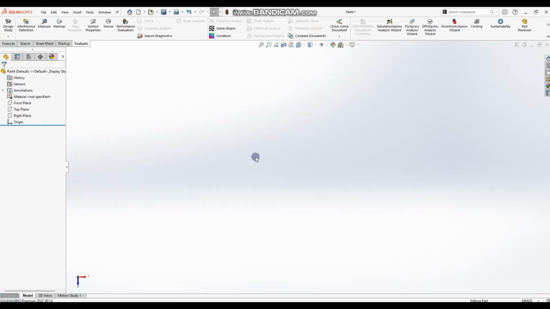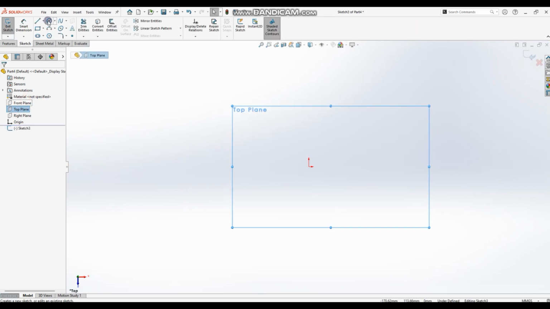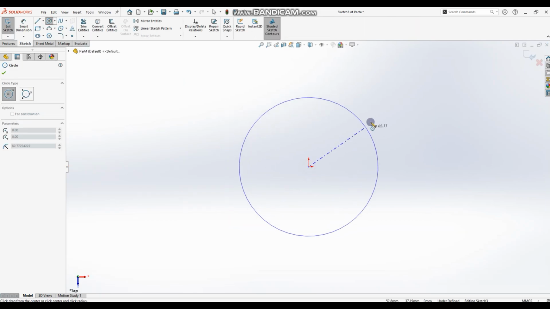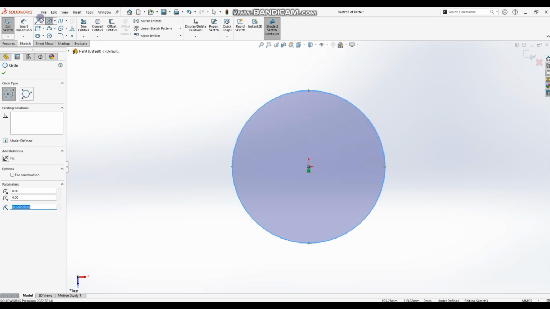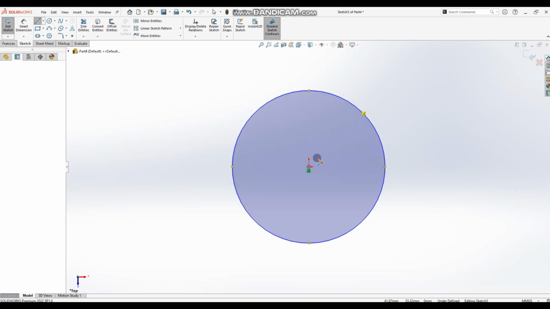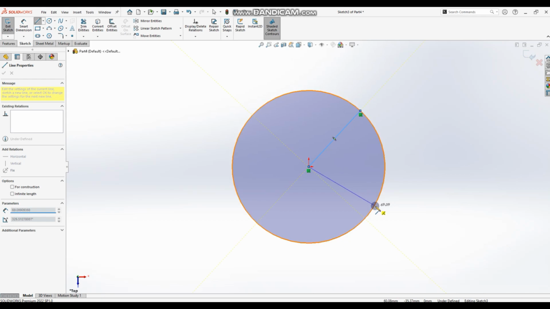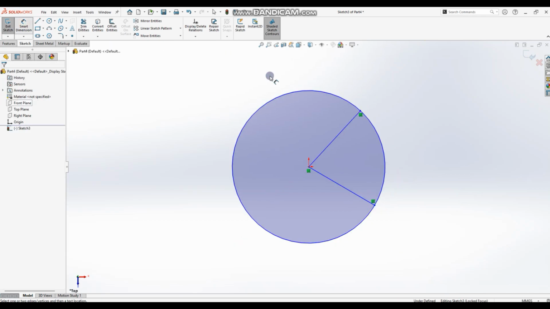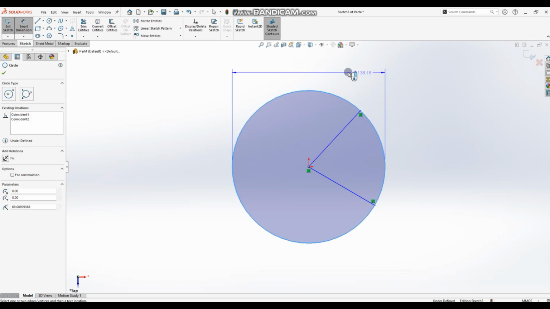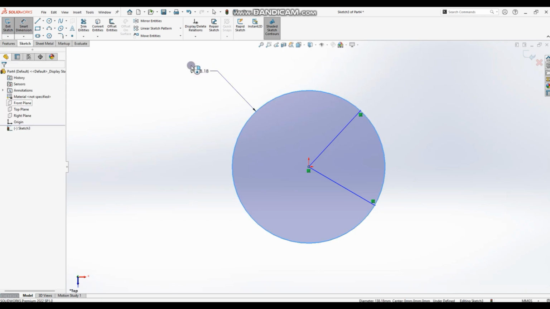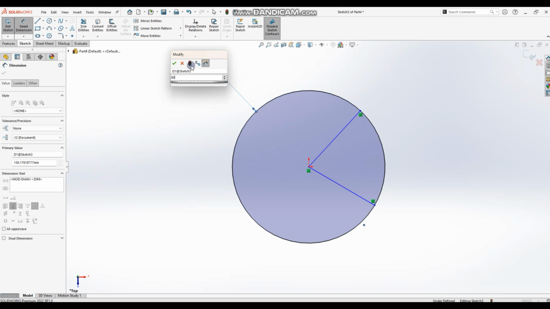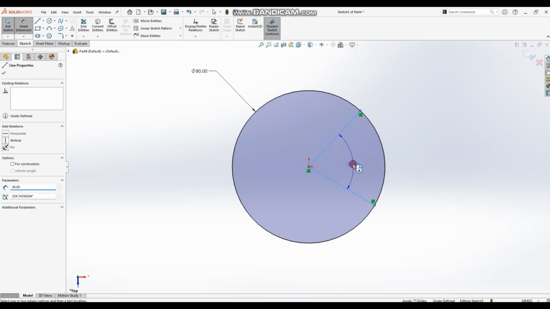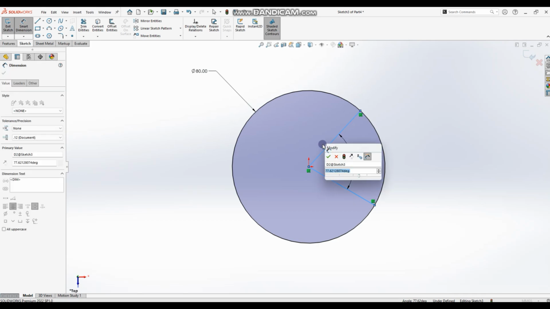Let's go to the second case. Selecting top plane, sketching, taking a circle and a line, giving dimension. Diameter is 80, angle 100.